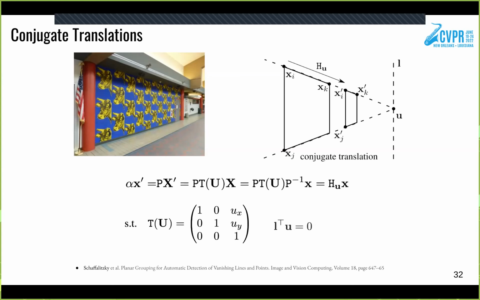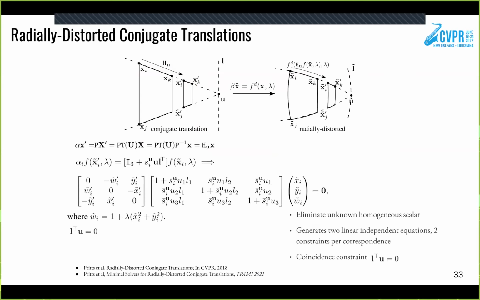This is the form of this transformation. And you also have an additional constraint that the vanishing point and vanishing line must be coincident, which is this L transpose U equals 0. Yeah, so this is the geometry that we're relating these point correspondences, this xk and xk prime, for example. These are the correspondences that we'll use, the measurements that we'll use to introduce constraints.